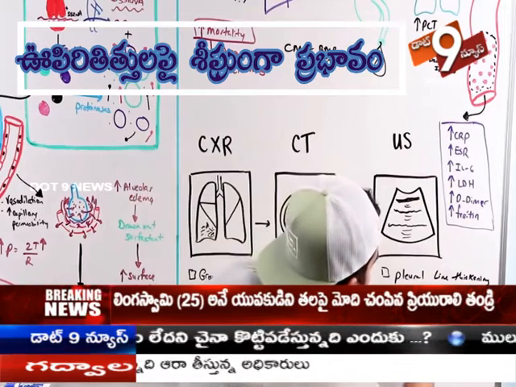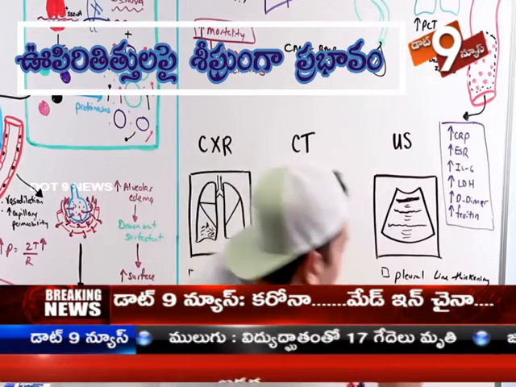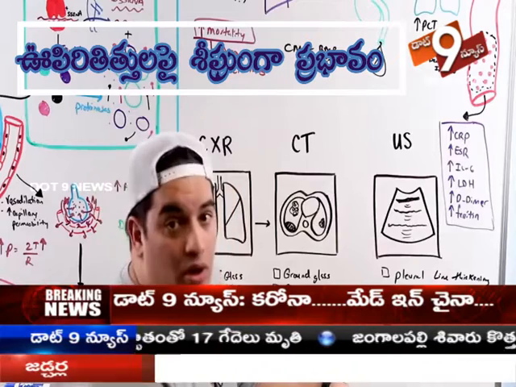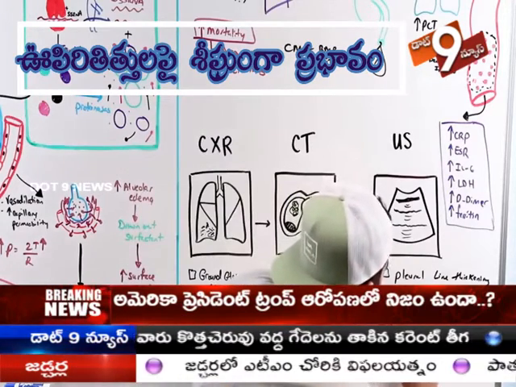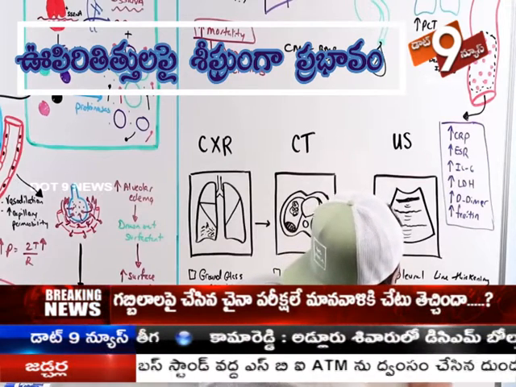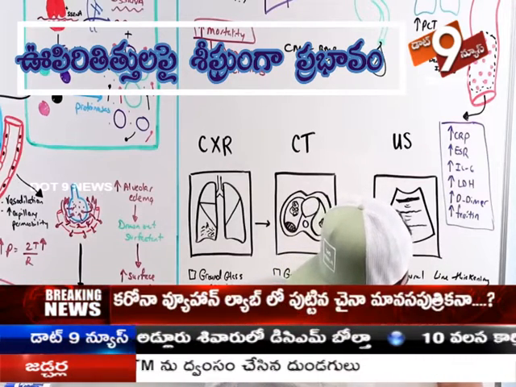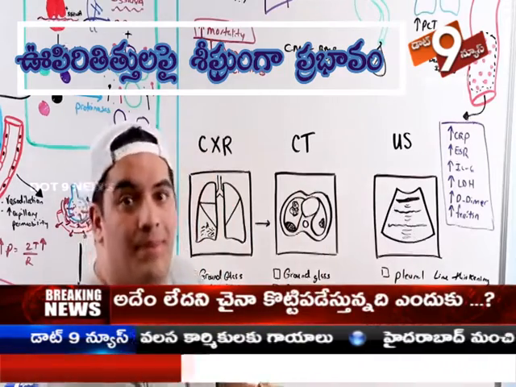So we can also look for increasing B lines within a specific zone. The last thing that we could also maybe see is consolidation with air bronchograms. And again, we'll see all of this on the imaging here in just a second.